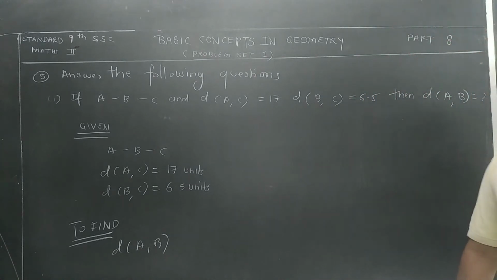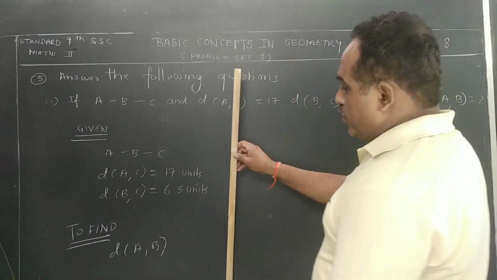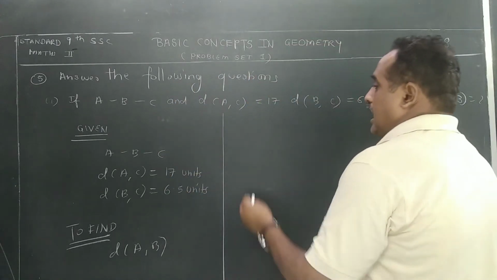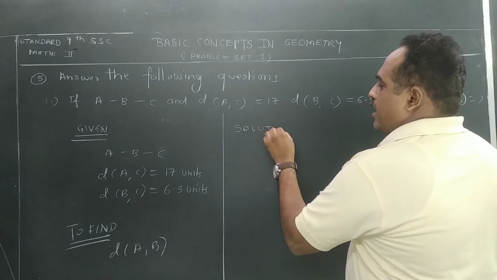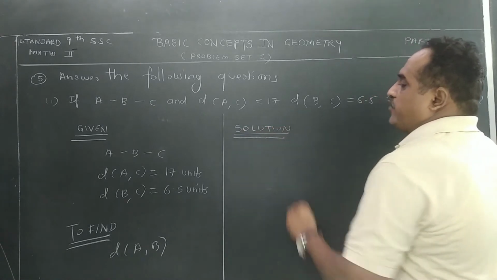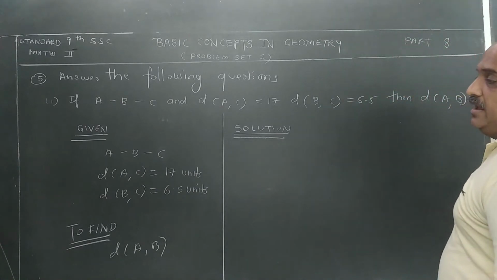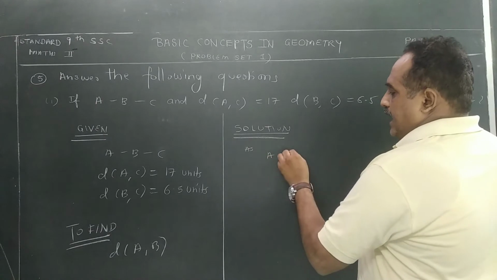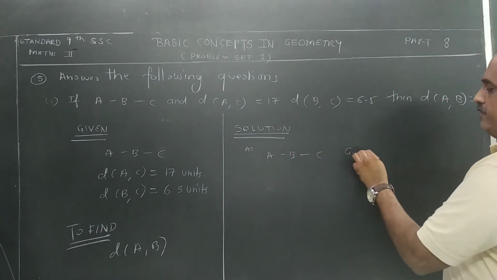To answer this question, I am going to write the solution. First of all, they have given A, B, C. B lies between A and C is given.